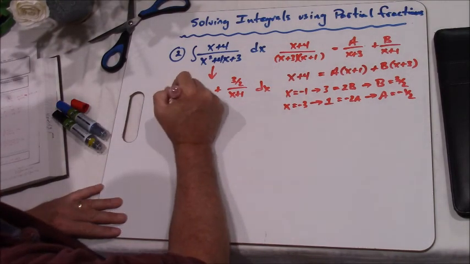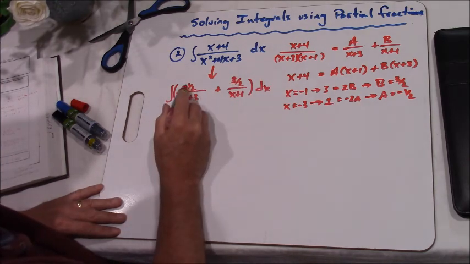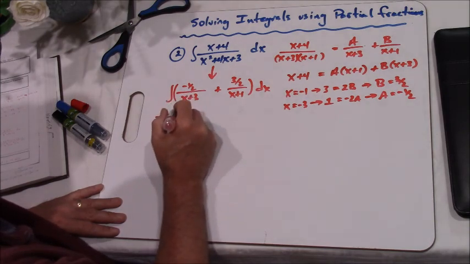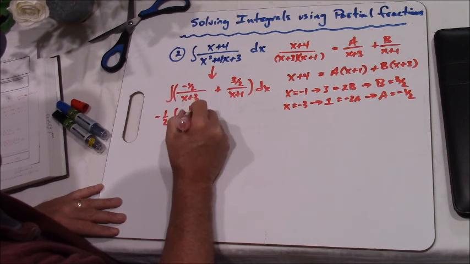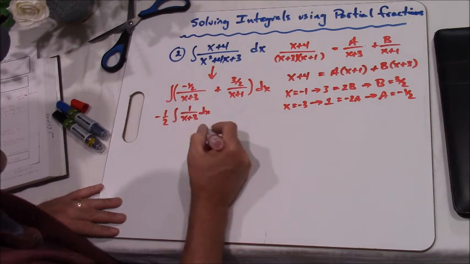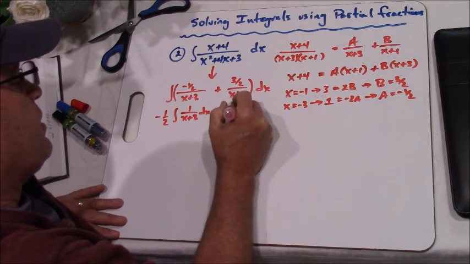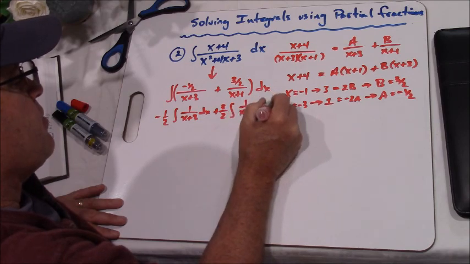So now I want to divide this up into two different fractions. I'll also bring these numerators out in front of each. So I've got a negative 1/2 times the integral of 1 over x plus 3 dx plus 3/2 times the integral of 1 over x plus 1 dx.